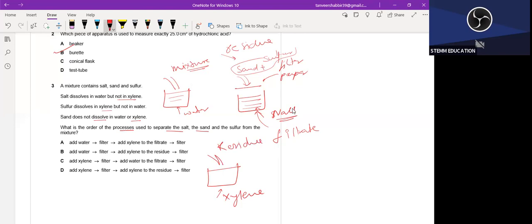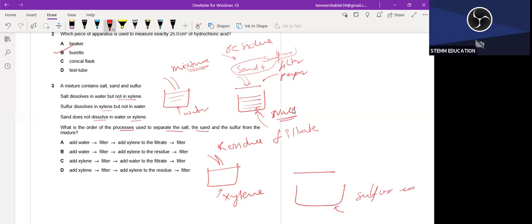In xylene, sulfur is soluble. So when I add this residue to xylene, sulfur will dissolve in it, and again I will filter this solution, and I will take an empty beaker.